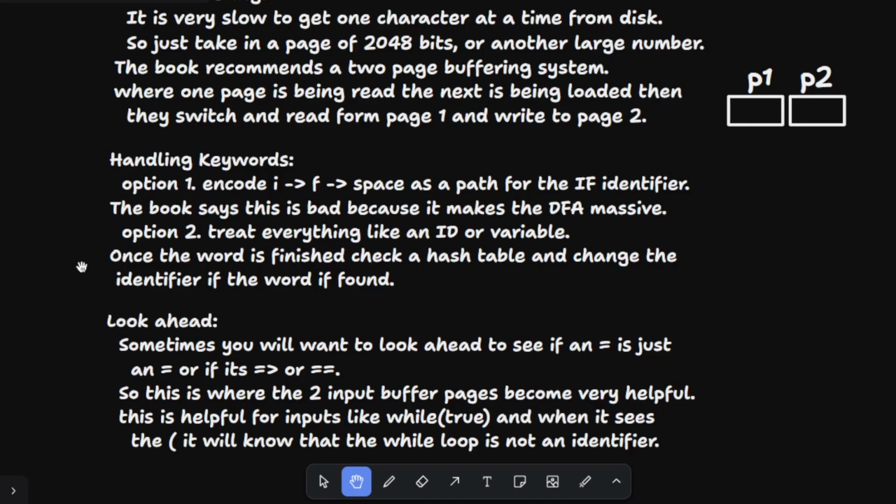And once the word is finished, once you reach that space or whatever that ending piece is, you check a hash table and see if the thing you parsed out is within the hash table. And if it is, you change the identifier. So if you find the word if, you'd be like, oh, that's a variable. And then you check the hash table and see, oh, it's not a variable. So that's very good for minimizing the size of the program.